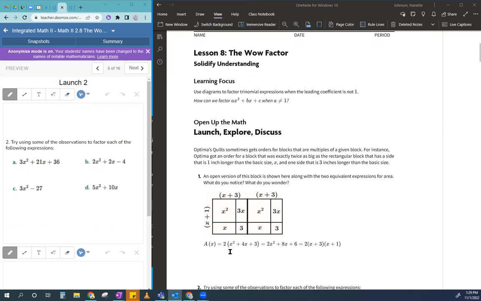Yeah. Very good. So notice here, I have 2 sets of x squared plus 4x plus 3. Very good. I notice the x squared is in parentheses. Very good. There's more than just one x. Good. There's a lot of sets of parentheses here. So I also noticed that it's still a rectangle. And that's a huge piece because we're just still making rectangles. Very, very good. Strong work.